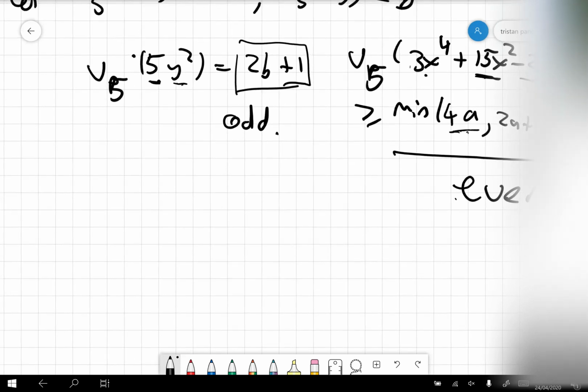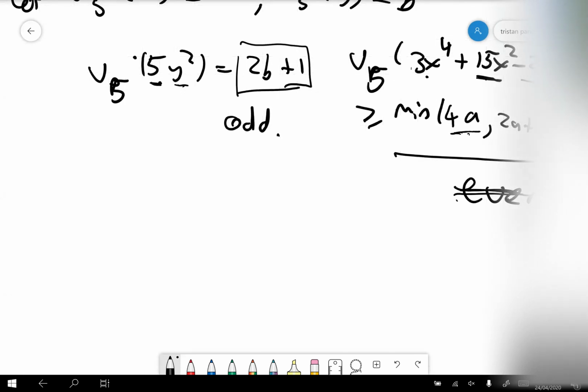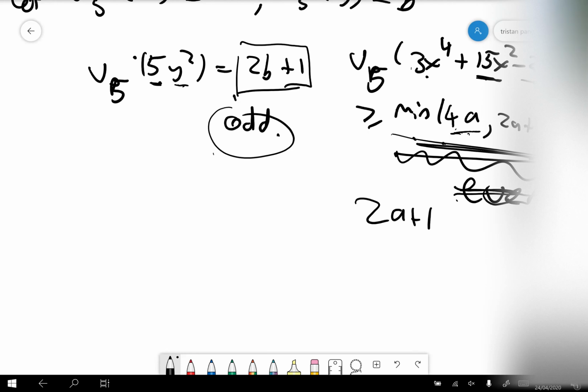Wait, sorry, never mind. So if this side is odd, then this side must be odd. But this is always, right, never mind. Forget what I said. So this side must be odd, so that means this side must be odd as well. Well, this is even, so that means the minimum must always be 2a plus 1.